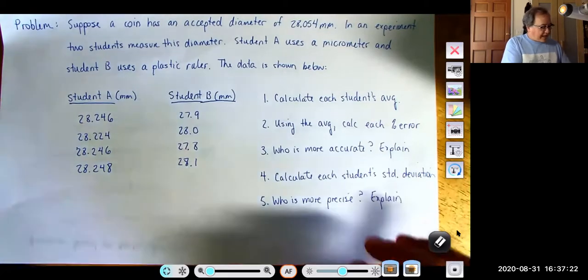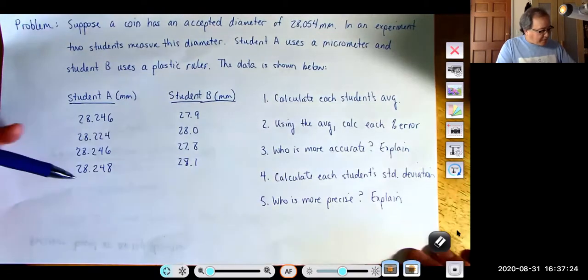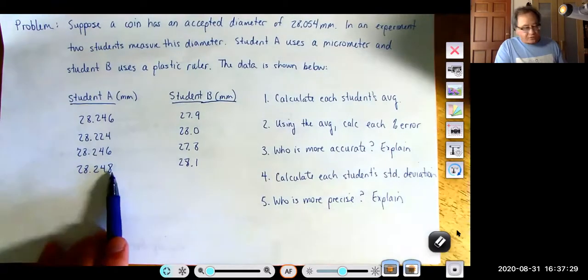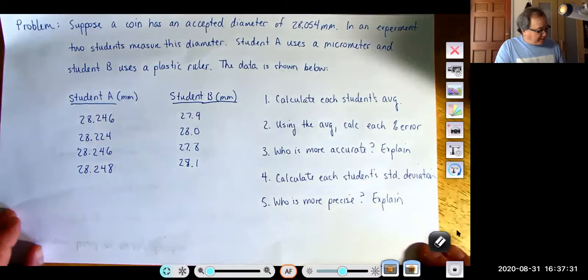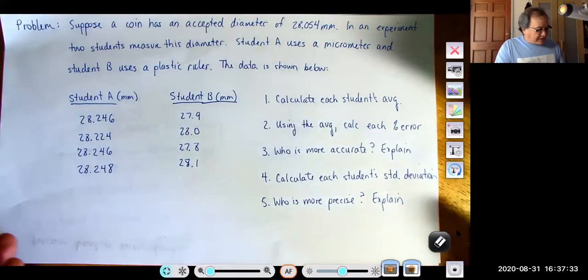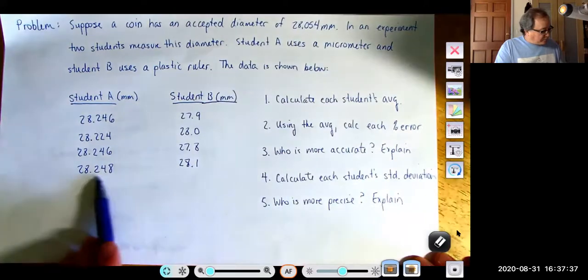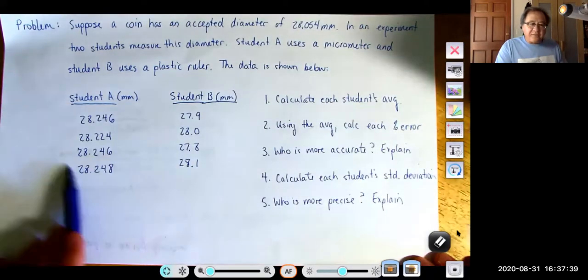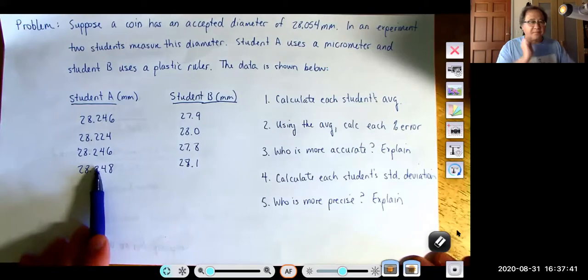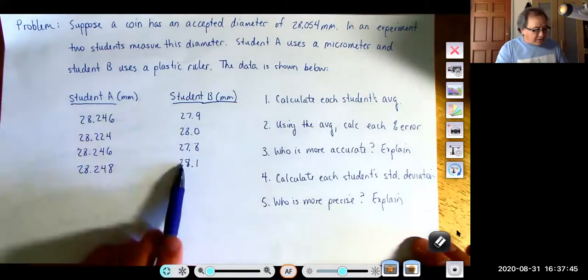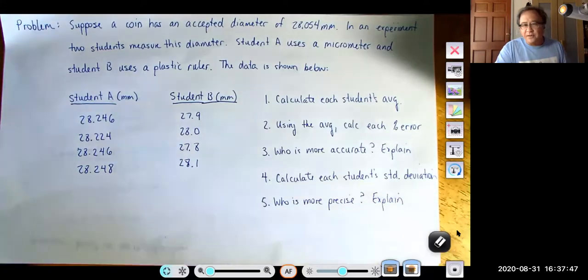Just looking at it, we've got to say that probably student A is more precise because we know numbers farther to the right than student B. As far as accuracy goes, compared to 28.05, we can see that all these numbers are a little bit on the high side. Here we have some that are on the high side, some are on the low, so it's really hard to determine who may be more accurate.